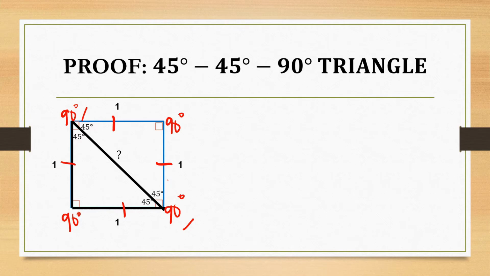Kapag ang pinag-uusapan natin ay unknown sides ng right triangle, we need to use the formula ng Pythagorean theorem. So, we have c squared is equal to a squared plus b squared. Since yung a at b ay legs ng right triangle, parehas ang value nila na 1.